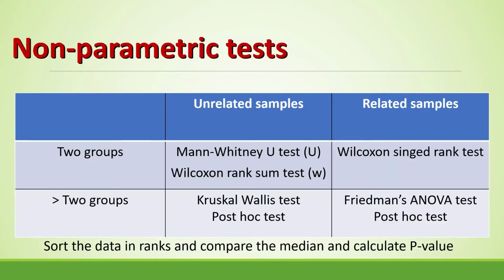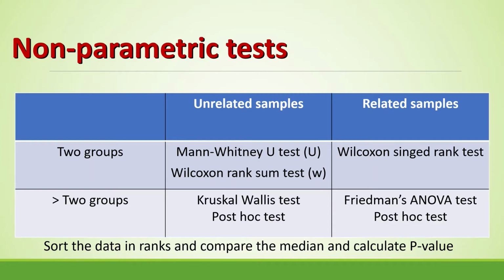Now, what are the major non-parametric tests that can be used in SPSS? There are 4 major non-parametric tests, and there are 2 factors that determine which one of them to use. The first factor is whether the samples are related or not related, and what is the size of the sample or the groups.